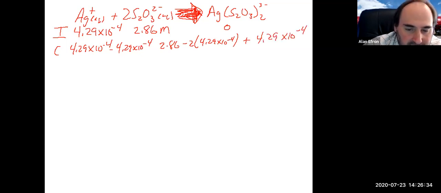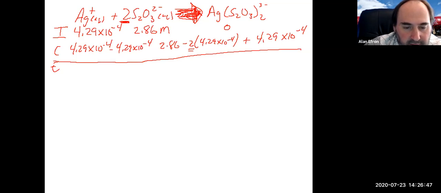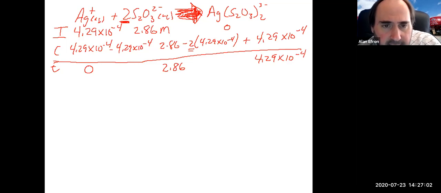A reminder that the 2 here is the same idea as the 2x that we normally do in an ice table. That means when I reach equilibrium here, as we expect, almost all of the silver should be used up. We will end up with basically still 2.86 for our ligand and 4.29 times 10 to the minus 4. Any questions on that ice table there?